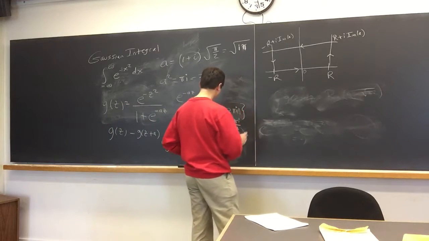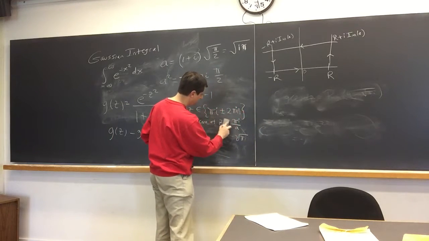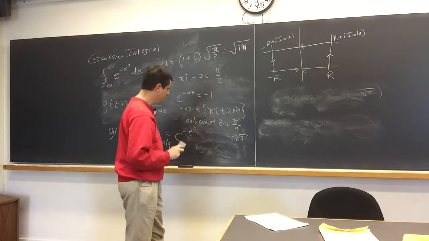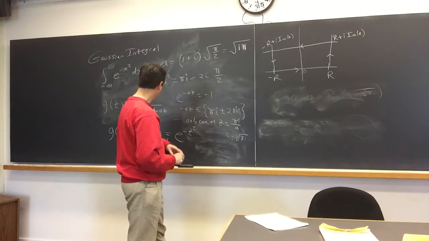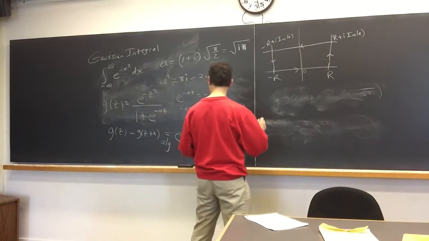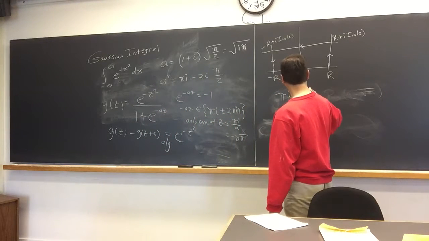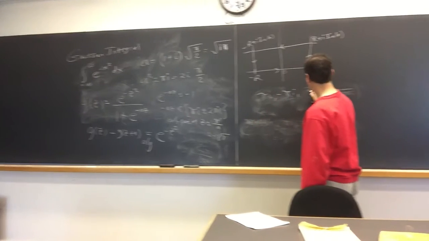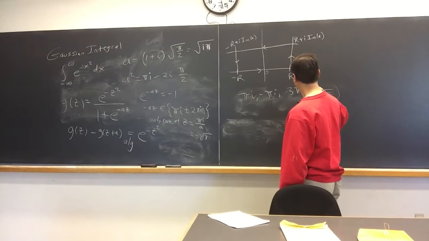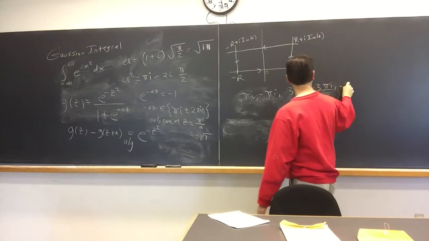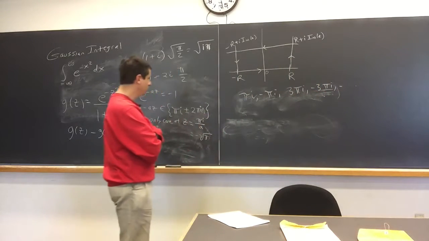So the only one we care about is the one that's at pi I. Let me do this slowly or I'm going to make a mistake. So we have pi I, negative pi I, 3 pi I, negative 3 pi I, et cetera.